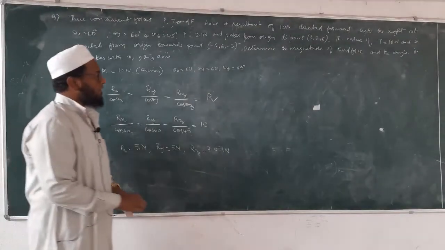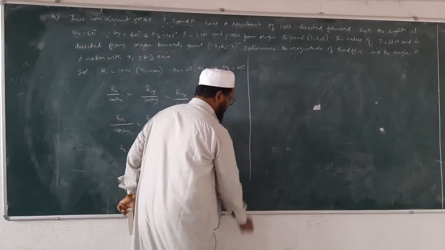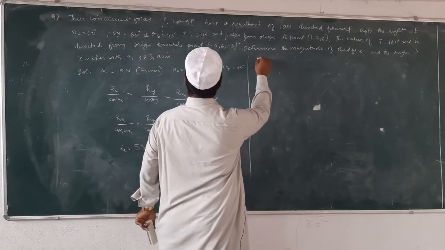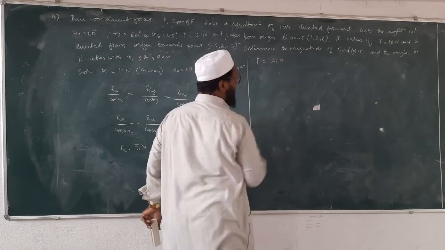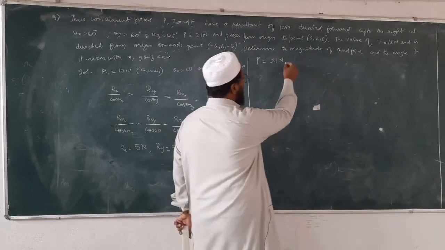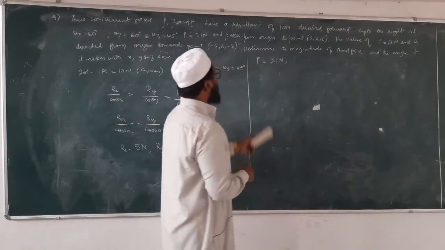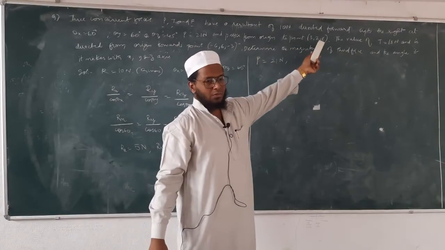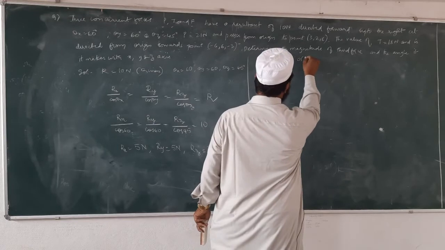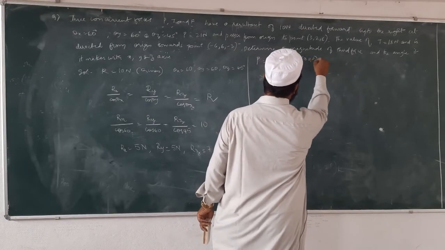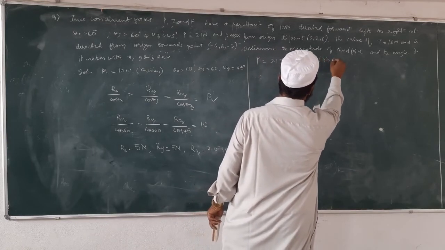What will we do now? What is the force P? P is equal to 21 newtons and it is passing from the origin to a point. The origin is 0, 0, 0 and the point is 3, 2, 6.